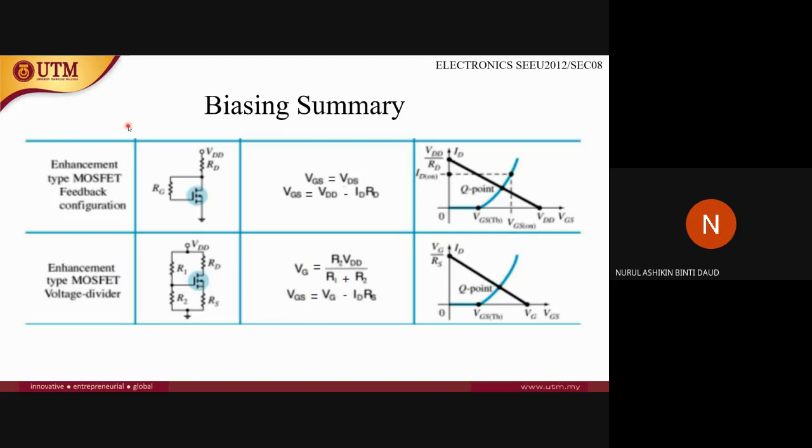Focus on graphical methods for IDQ and VDSQ. Transconductance will be covered in AC. Any questions? If there are no questions, then we can go through your test one.